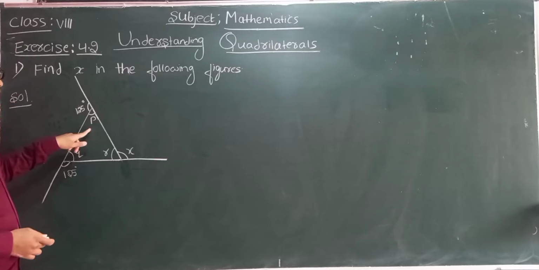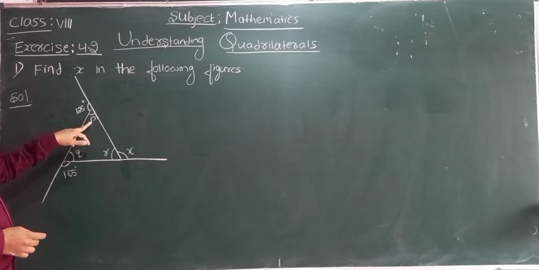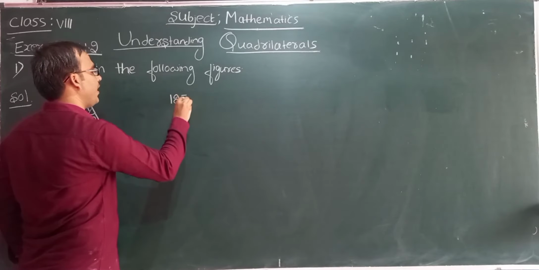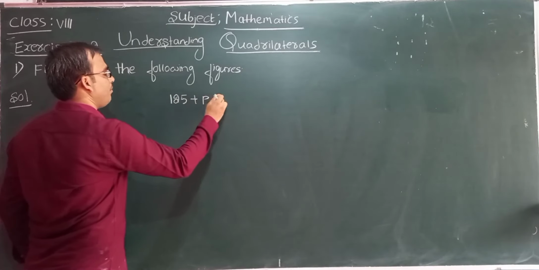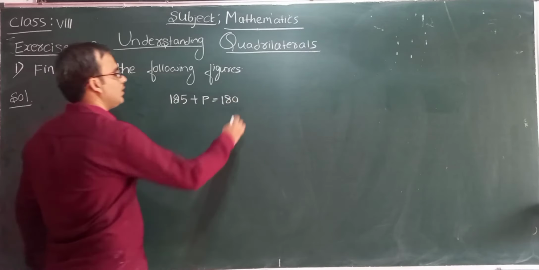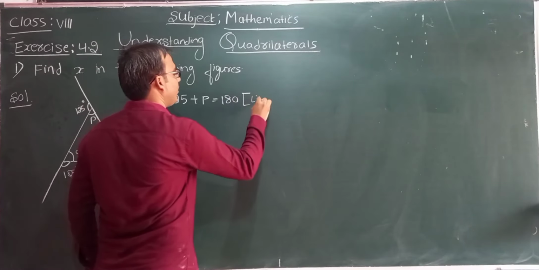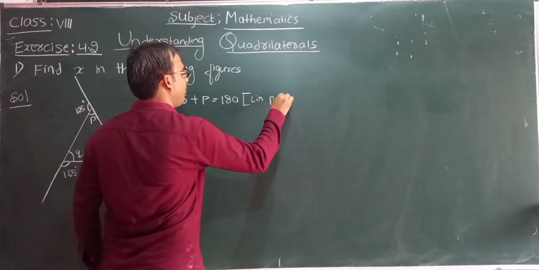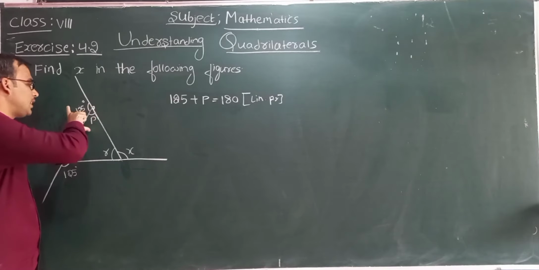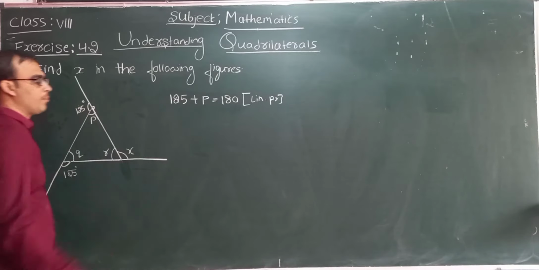Now look here. First, we need to find the value of this one, P. Here 125 plus P equals 180 degrees. That is a linear pair, because at this point these two angles are forming a linear pair.